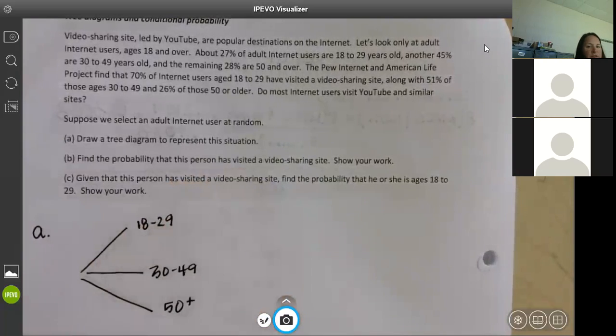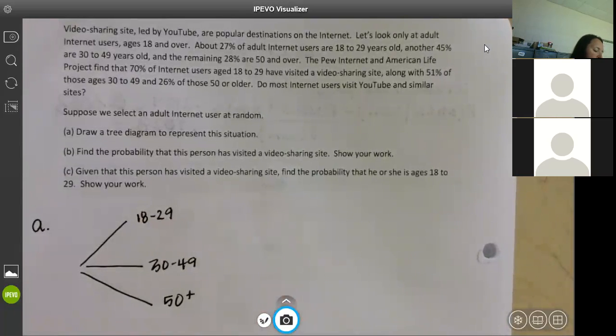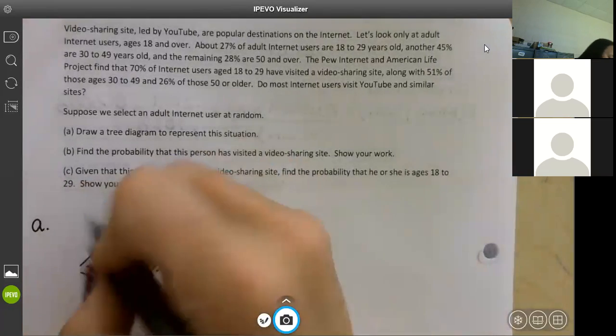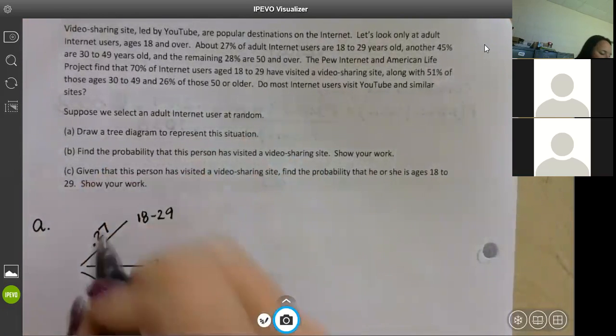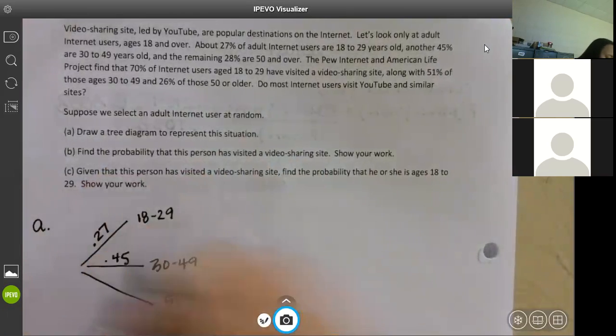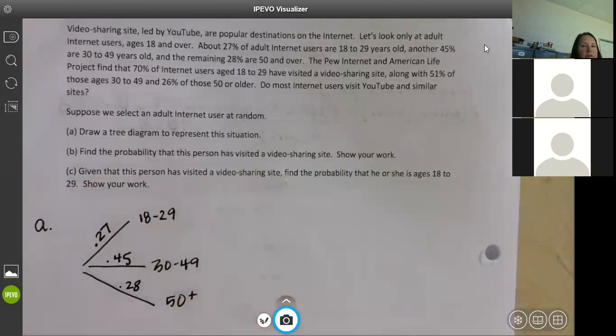And the third one was 50 plus. Tell me about those 3 age groups, the percentages. 27 was 18 to 29. 45 was 30 to 49. And 28 was 50 plus.